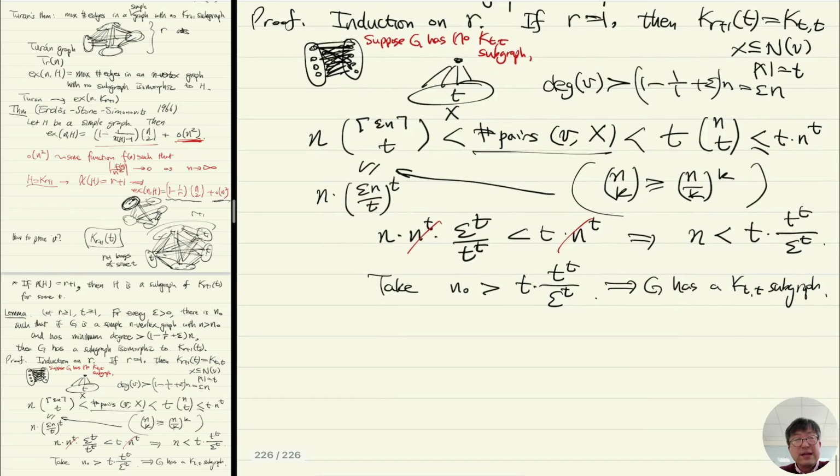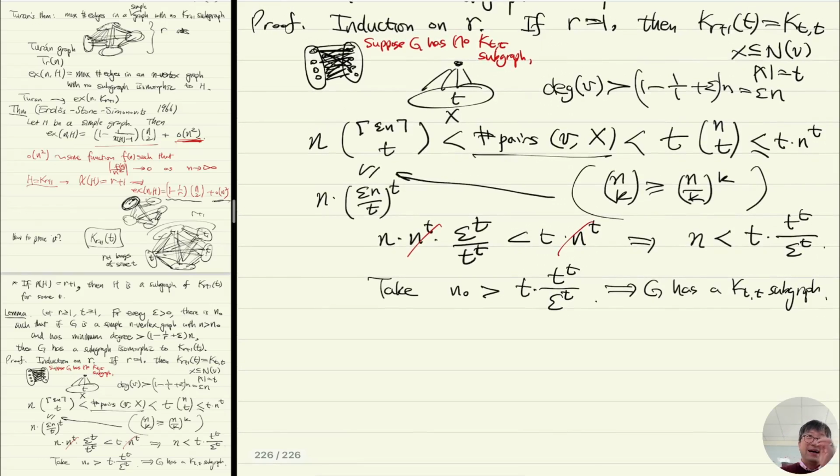All right, so that's the proof for the easy part when r is 1. Now, the more difficult part is when r is bigger than 1. So now assume r is bigger than 1.